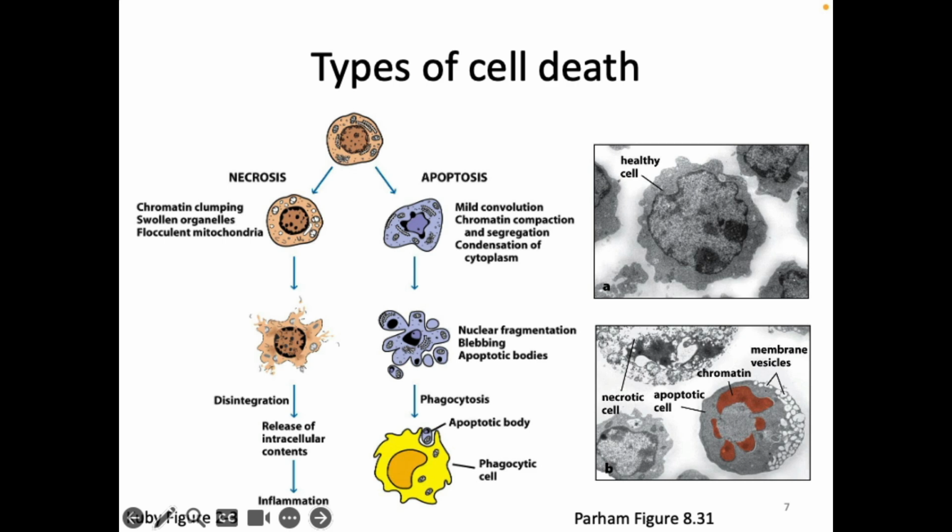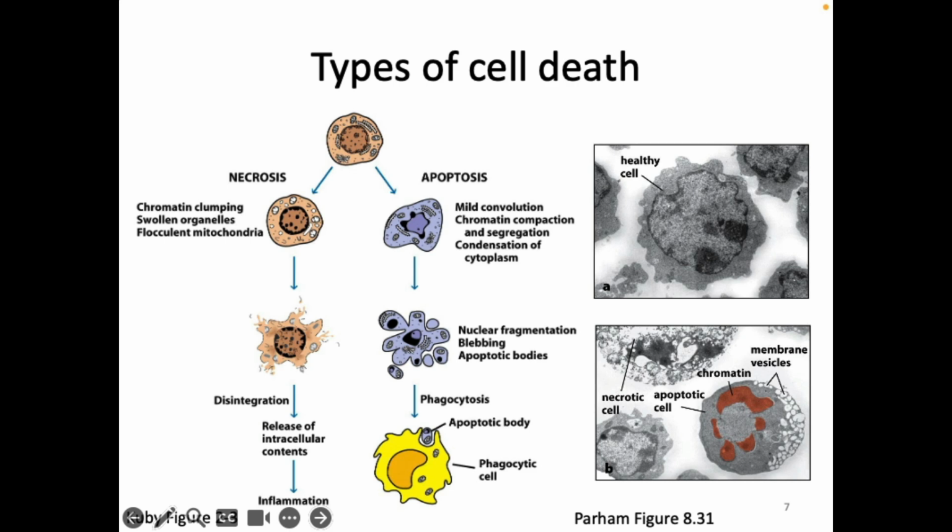You saw that the cell will shrink up and make these little blebs, fragment the nucleus, and make little pieces. You can see here's a healthy cell, here's an apoptotic cell, here's some of those membrane vesicles. So we're definitely seeing apoptosis happen in this situation.